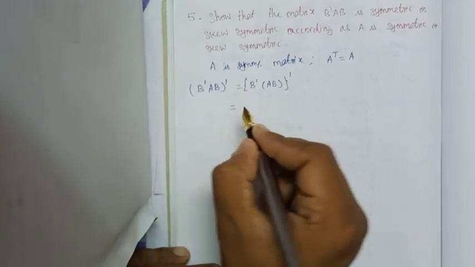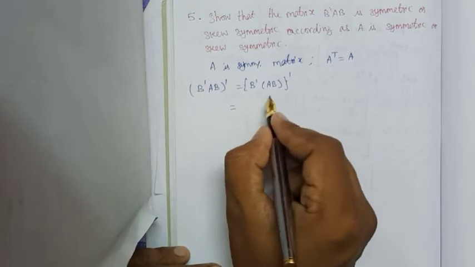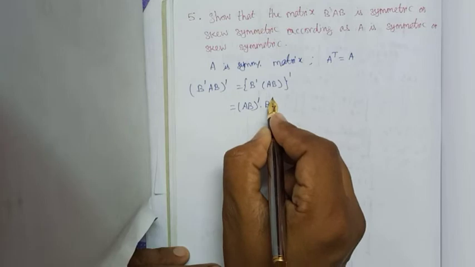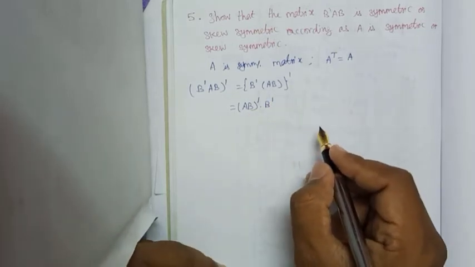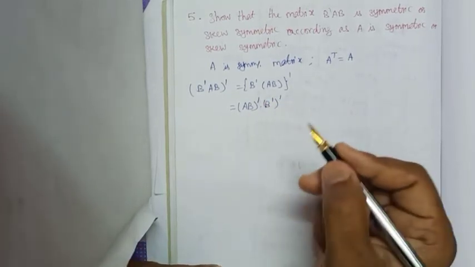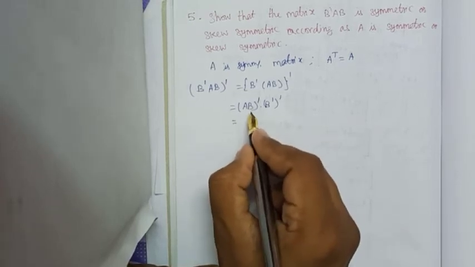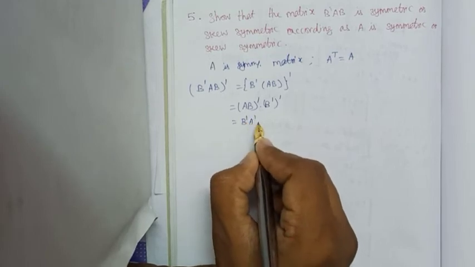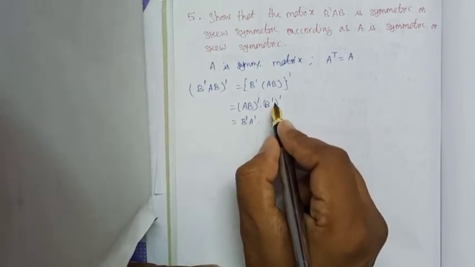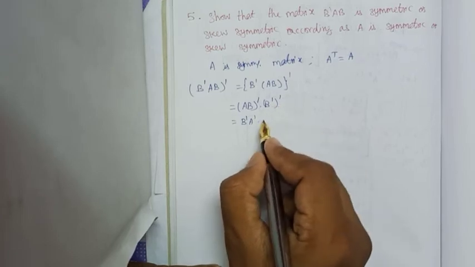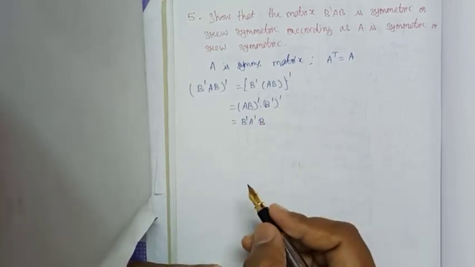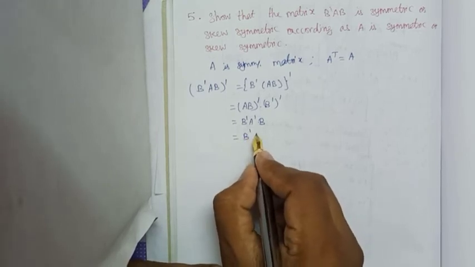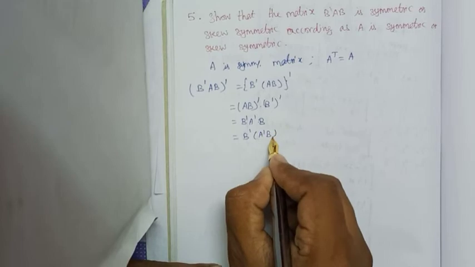Now we taking transpose, applying reversal law, so we get AB transpose into B transpose, B transpose the whole transpose. So here again we are applying the transpose property. We get B transpose into A transpose. This is the result for B transpose whole power transpose, the value is equal to B. Okay. So we get B transpose into A transpose into B.